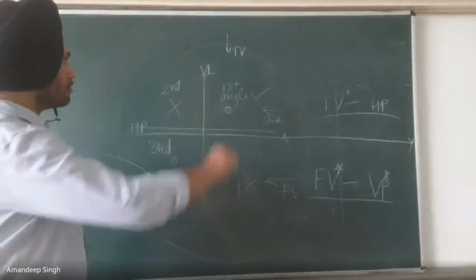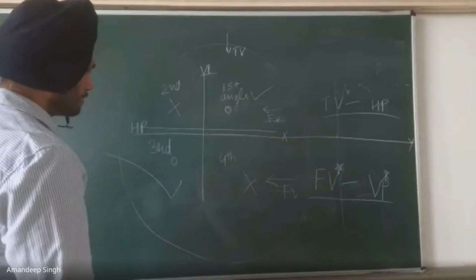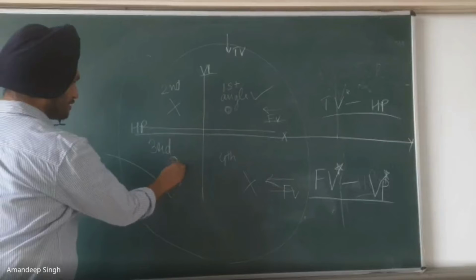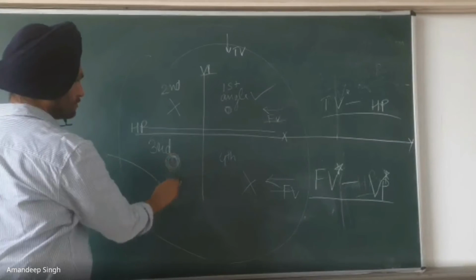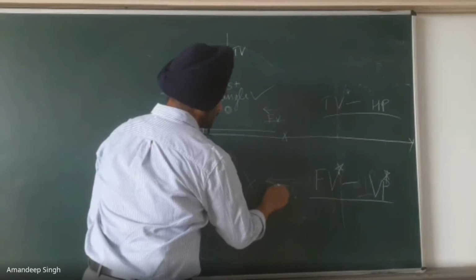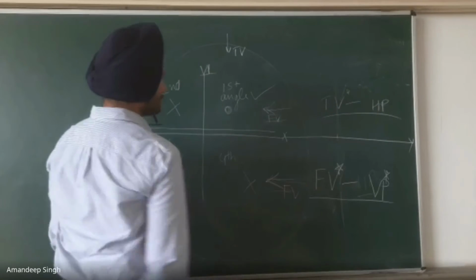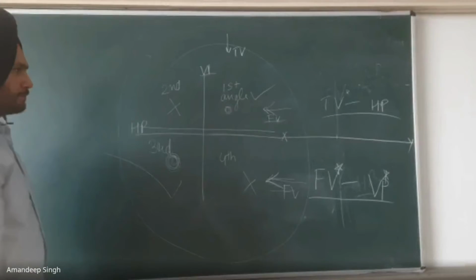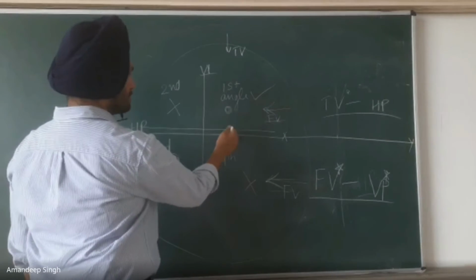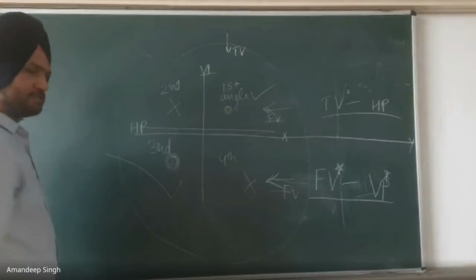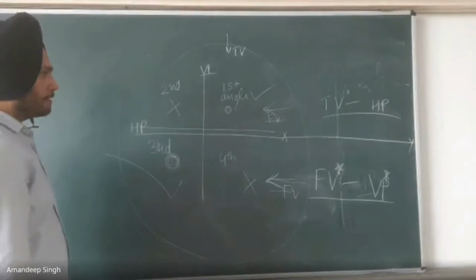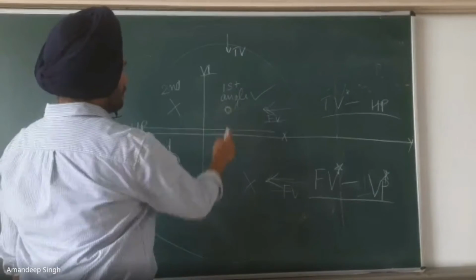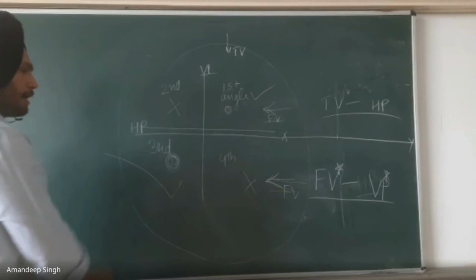And the top view also remains the same. So if I am watching this object in the front view, it is this direction only, as it is for first angle. First angle, the object is above HP. Third angle, the object is below horizontal plane. And it is in front of vertical plane. It is behind the vertical plane.